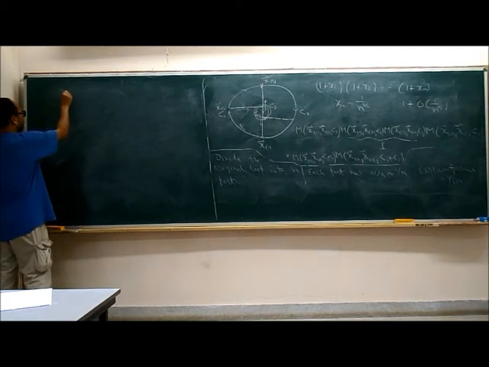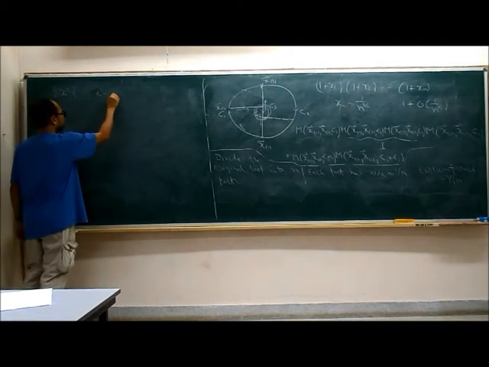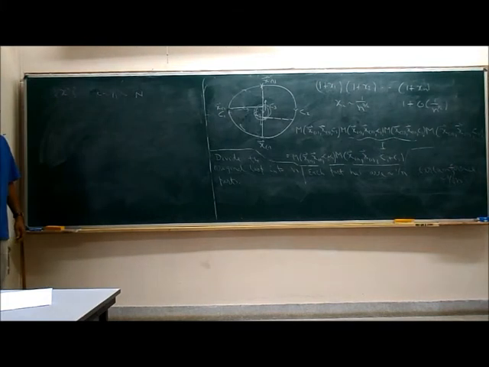So let's suppose that our Riemannian space is labeled by coordinates x^i with i running from 1 to n. So it's an n-dimensional Riemannian manifold that you have to describe.